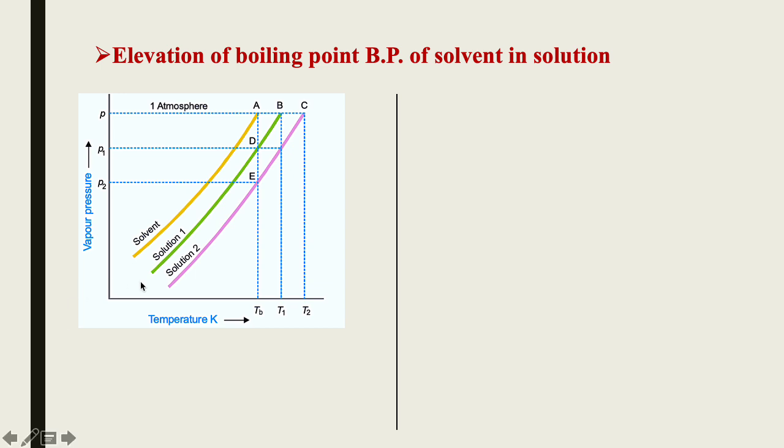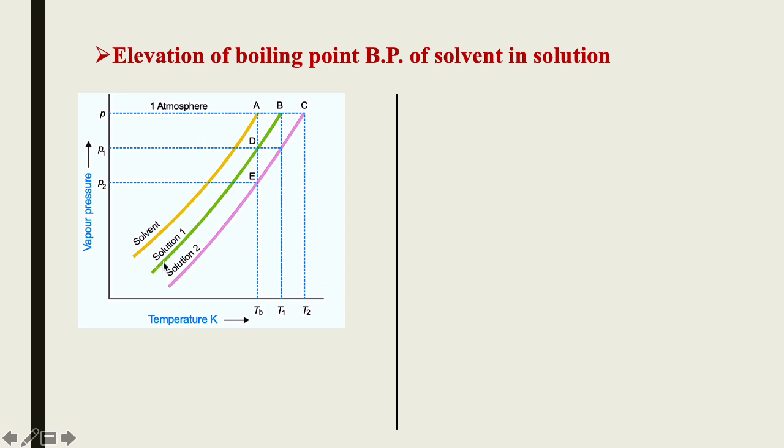Since we have seen that if you add salt or a non-volatile solute you get lowering of vapor pressure, you have to heat a little higher and require more temperature. That's why the solution 1 graph starts slightly later than the pure solvent.